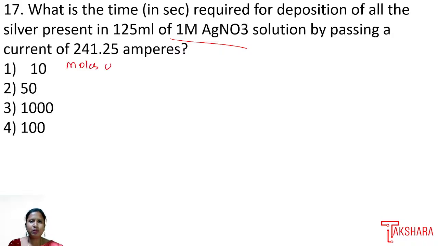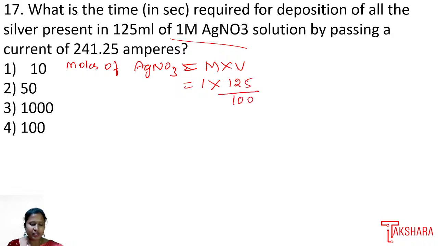Moles of AgNO3 is equal to M into V. Here M is 1 mole, and V is 125, so 1 into 125 divided by 1000. That will become 0.125 mole. Okay, the moles of AgNO3.